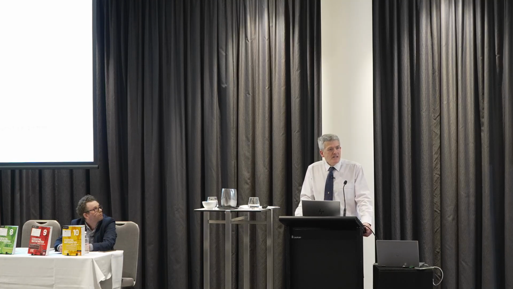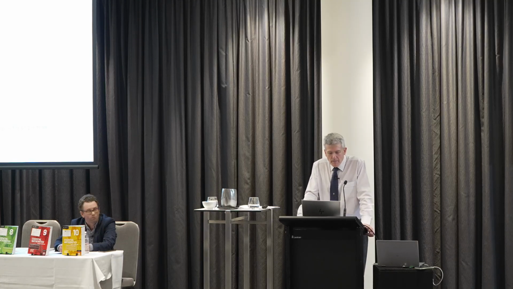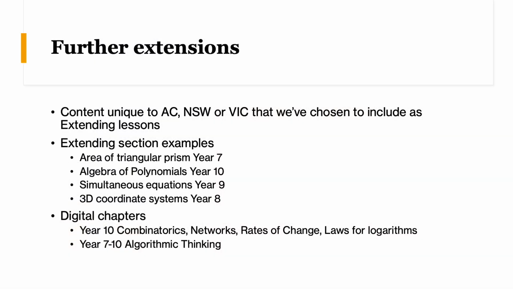There are other extensions which you might be interested in being offered by Cambridge as well. Because the Australian curriculum is looking at an area of triangular prisms at year 7, the authors and the team at Cambridge felt that we would like to keep that there in the Western Australian curriculum book and call it extending. It fits very well, and there may be some schools that have the time and the space to be able to do those. So that would be an extending section that's beyond the curriculum.